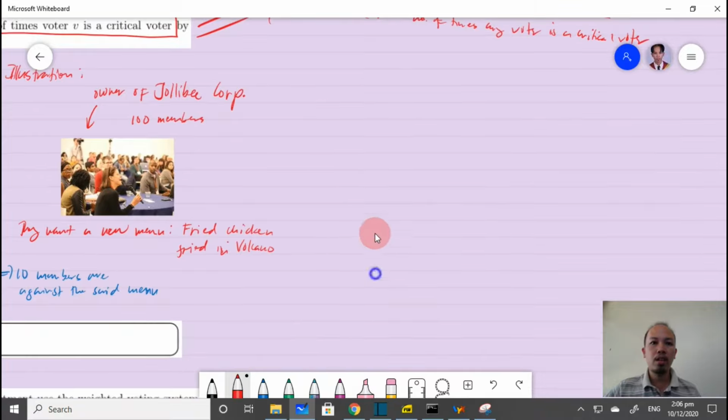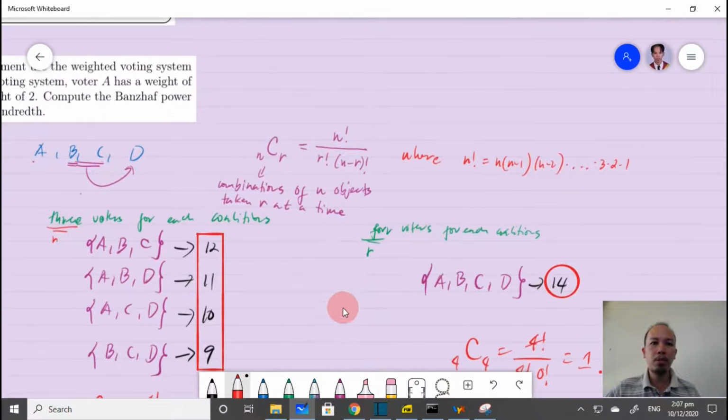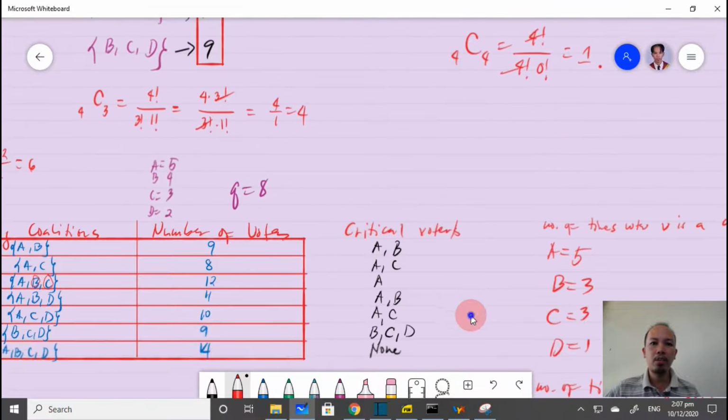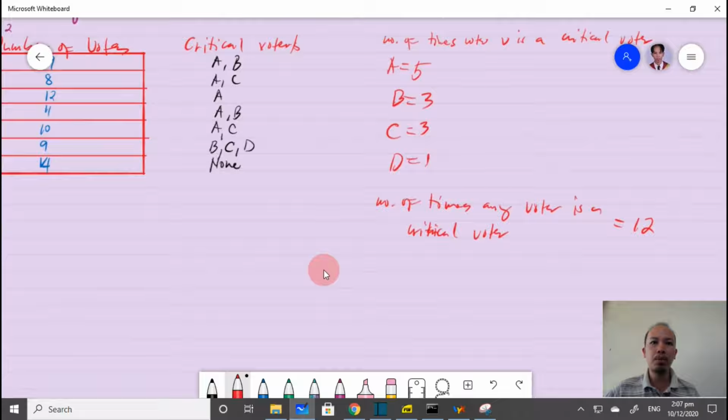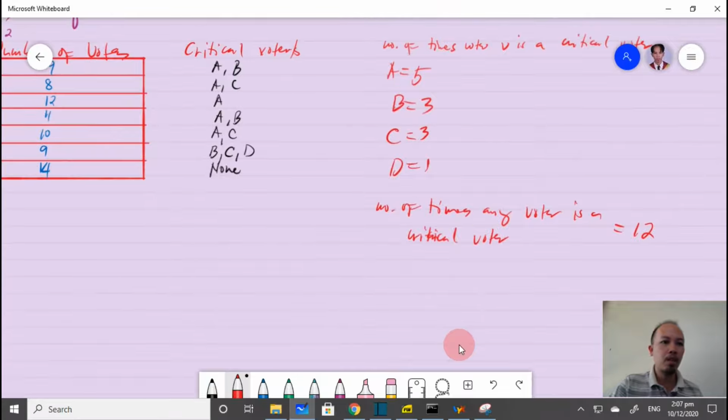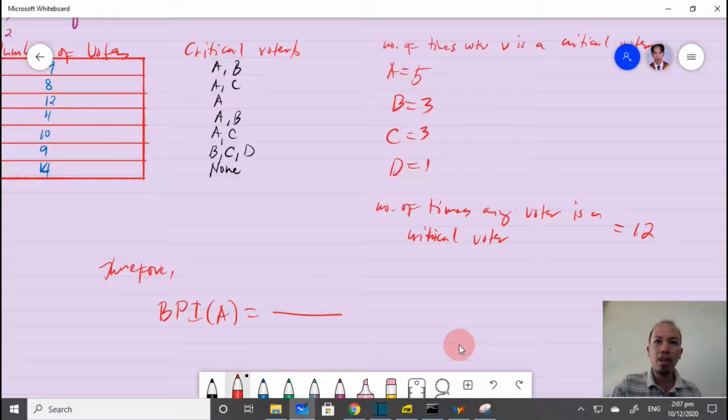So let's try to compute now. We are now ready to compute the Banzhaf Power Index. Therefore, the BPI of voter A, so let's write it as A, not V1, though it is okay if you use V1 here. The numerator is the number of times voter V is a critical voter.